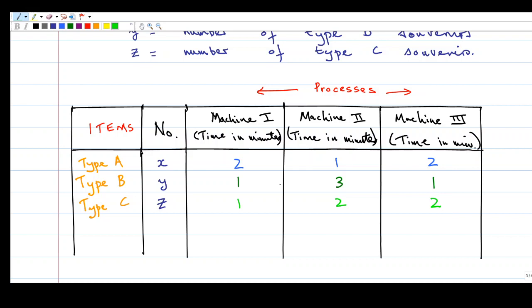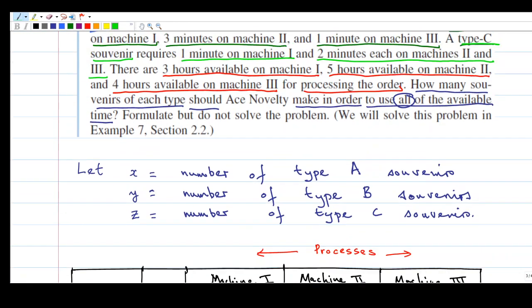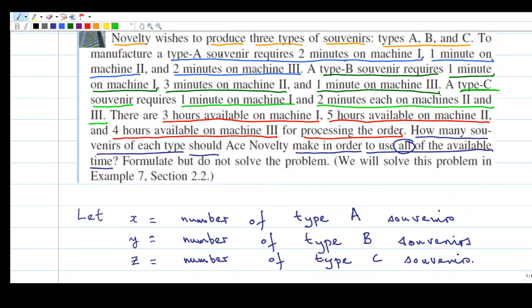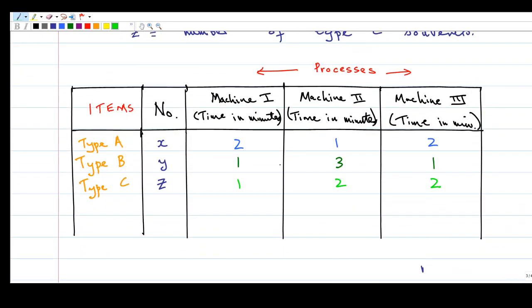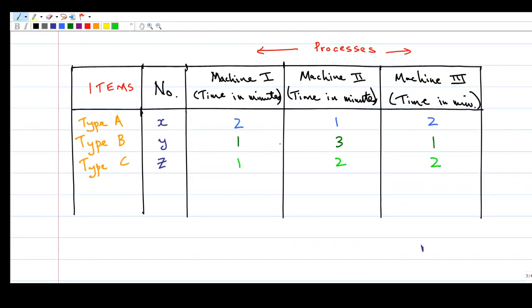Then if we look at the part in red, it's the availability given in hours for machine 1, 2, and 3, underlined in red.